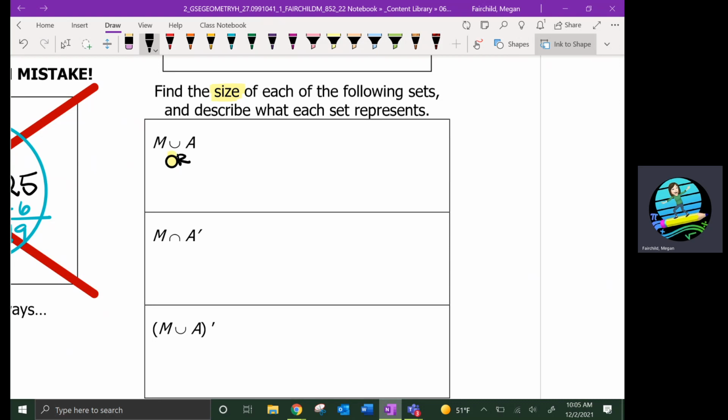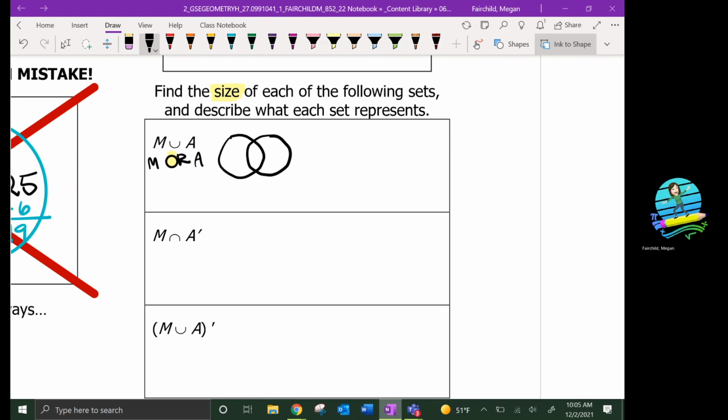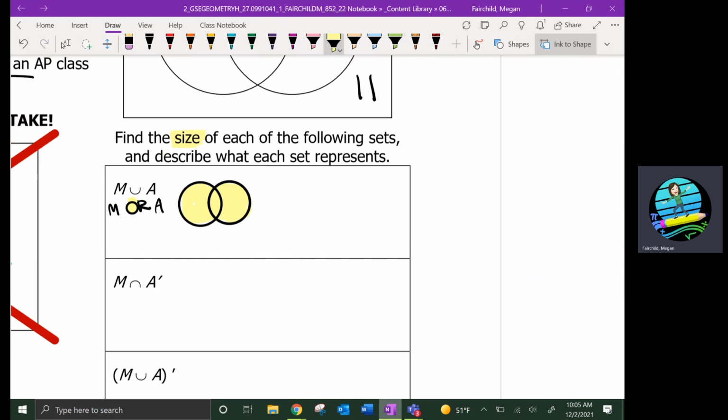Union is or. So we're wanting to know how many are in M or A. So when you think about that value, it's going to be M and A all added together.